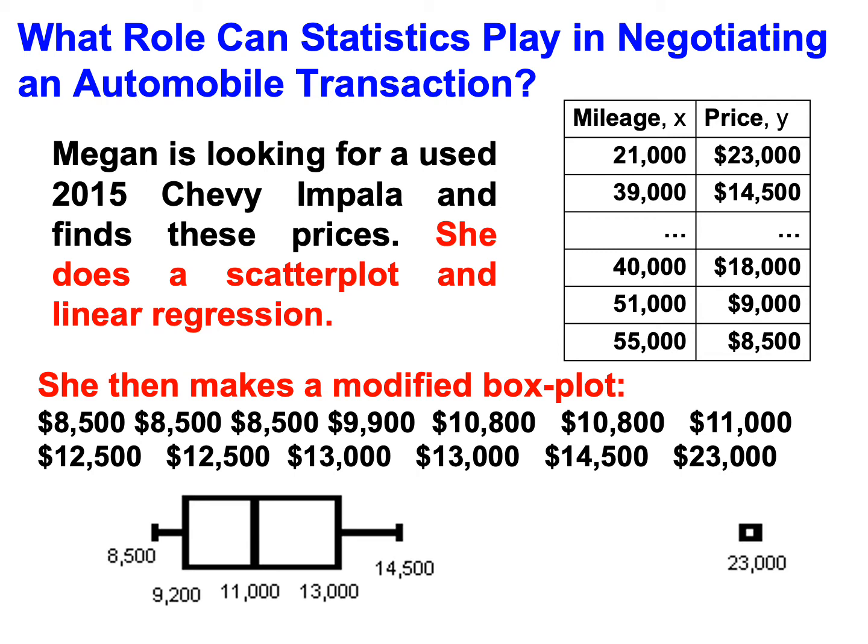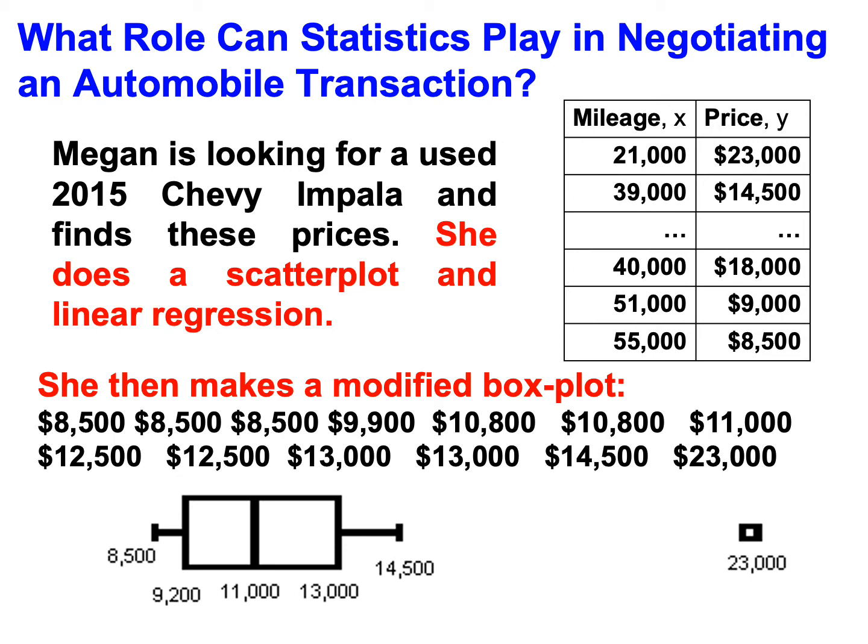Once we got the linear regression formula, we went back to that same website and found another car of the same make, model, and condition and noted its mileage and its price. We put the mileage, the x value, into our regression formula to see what the price should be based upon that regression formula, and then we compared it to the actual price the dealership was charging.